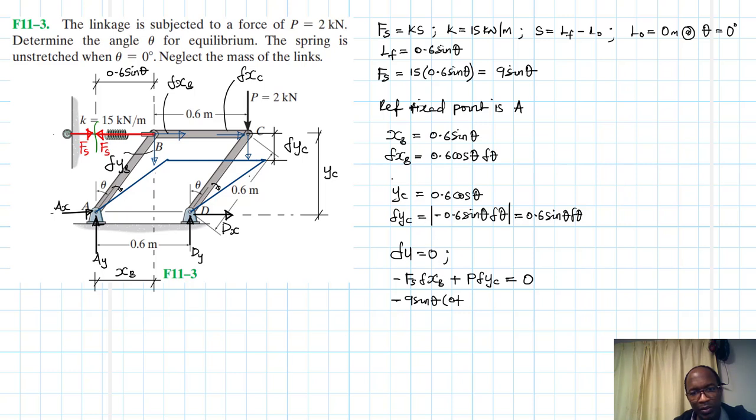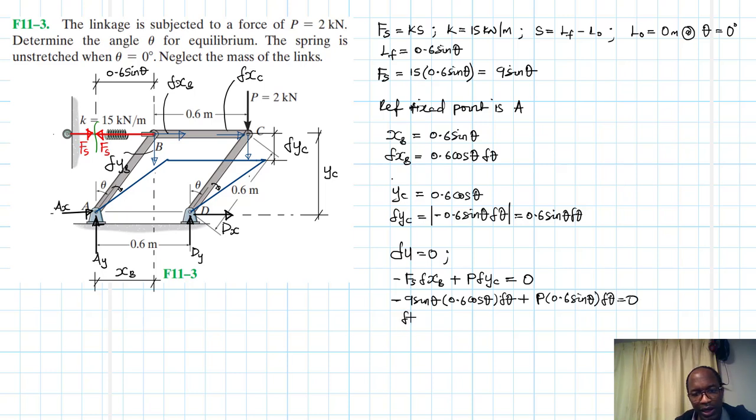We said it is 0.6 cos theta del theta outside there, then plus, we have a P there, then del yc, it is a 0.6 sine theta del theta equal to 0.